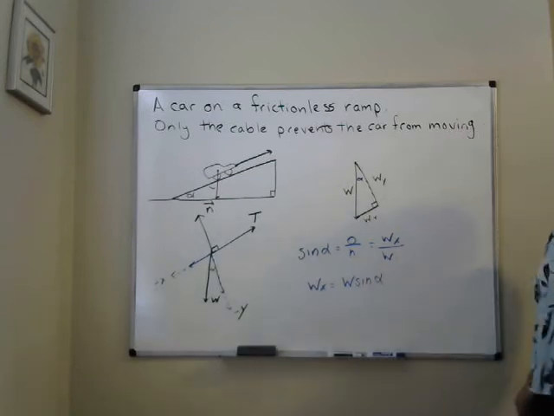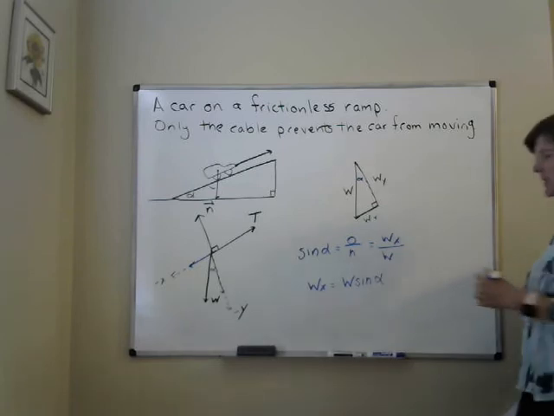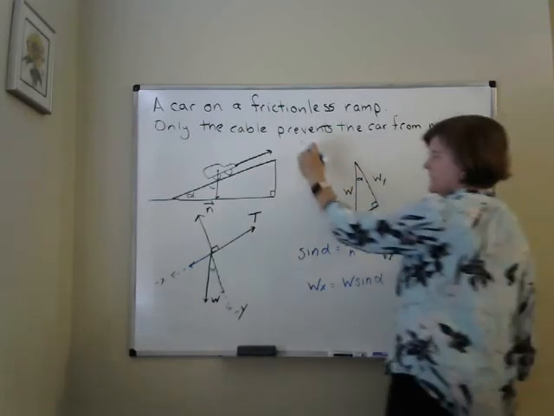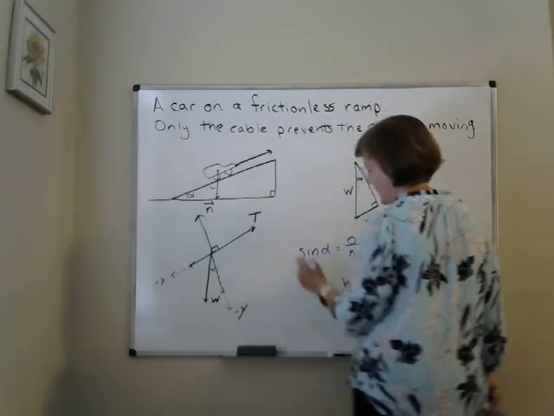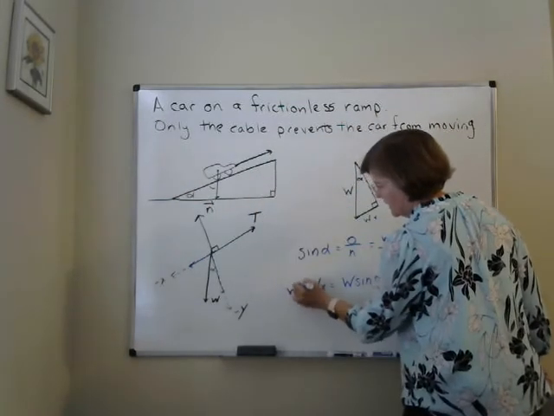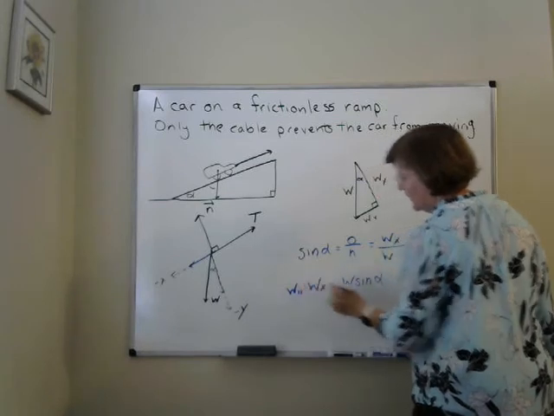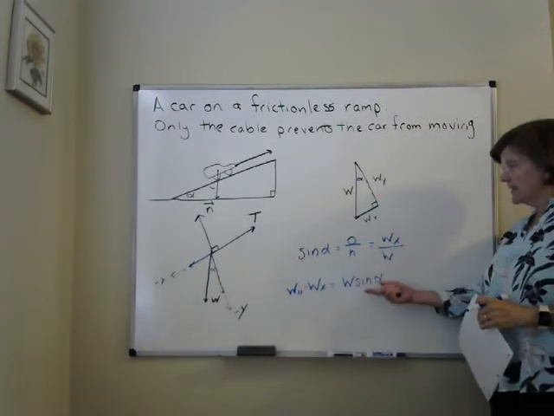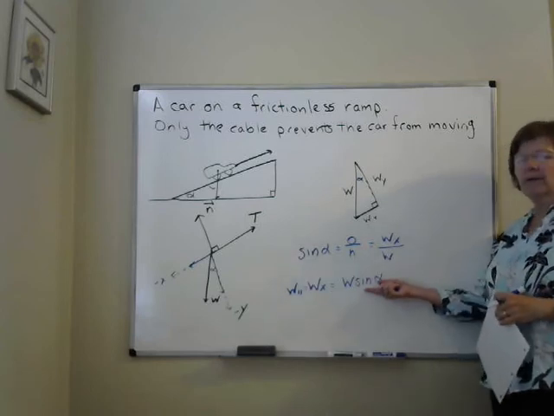In some books, rather than call it the x component, they may call it the parallel component because x is parallel to the ramp. So you sometimes might see that as W parallel. W parallel or WX are the same. But notice it equals sine alpha.